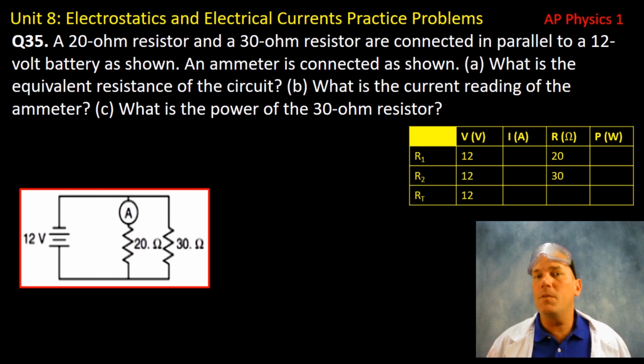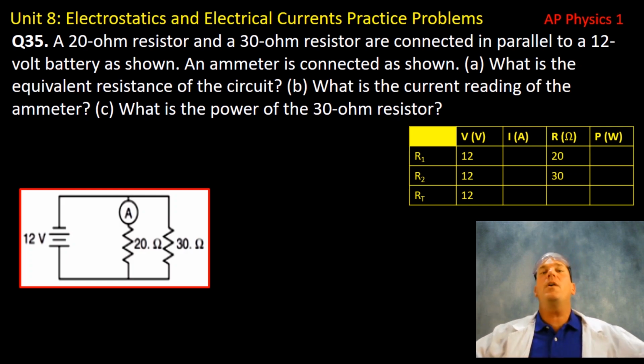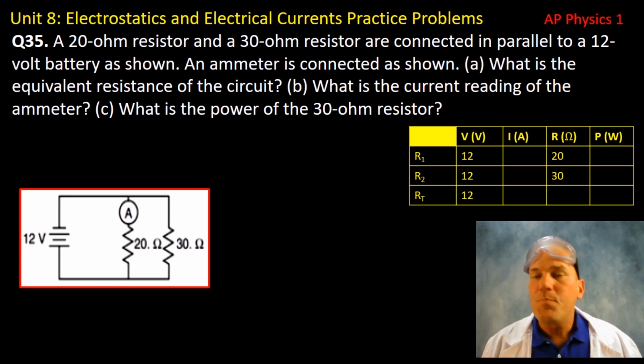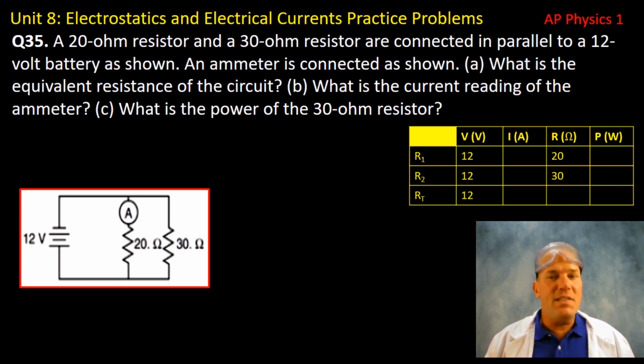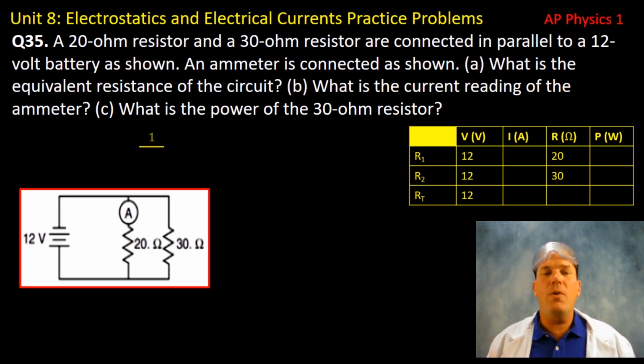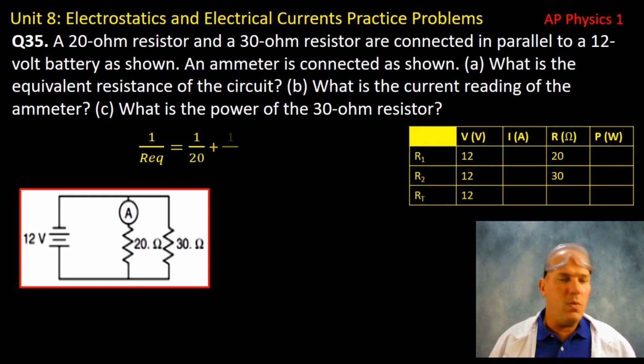We have a 12 volt battery, and we have two resistors in parallel, which means the potential difference across each resistor is going to be all 12 volts, and we are given the values for the resistances, which means that we're able to go ahead and calculate the equivalent resistance.